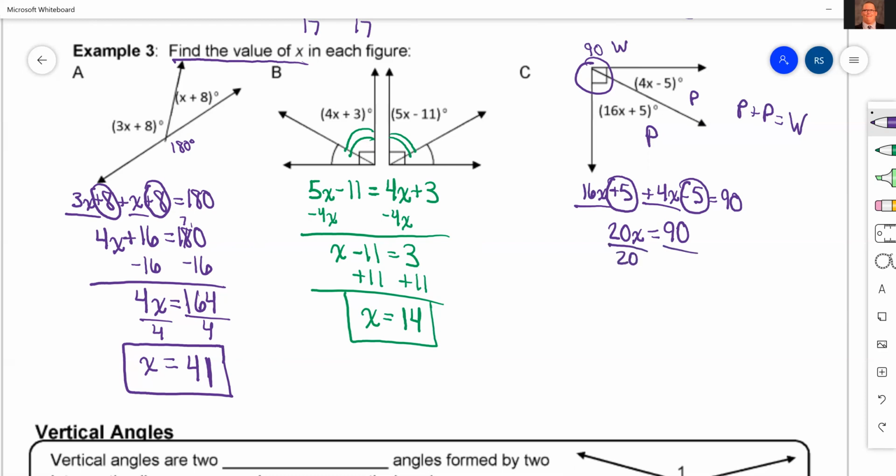Divide by 20 on both sides. You'll get x equals 9 over 2 is your simplified fraction. But if you wanted to put it as a decimal, you could. It'd be 4.5. There's our answer for that one.